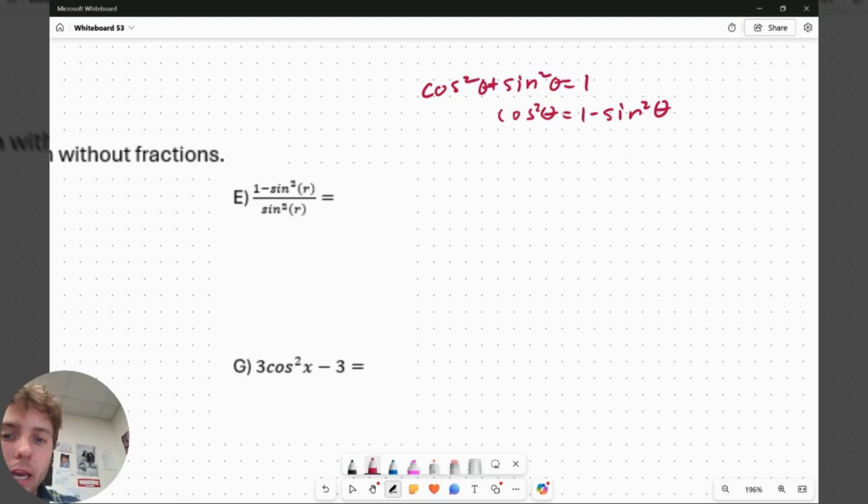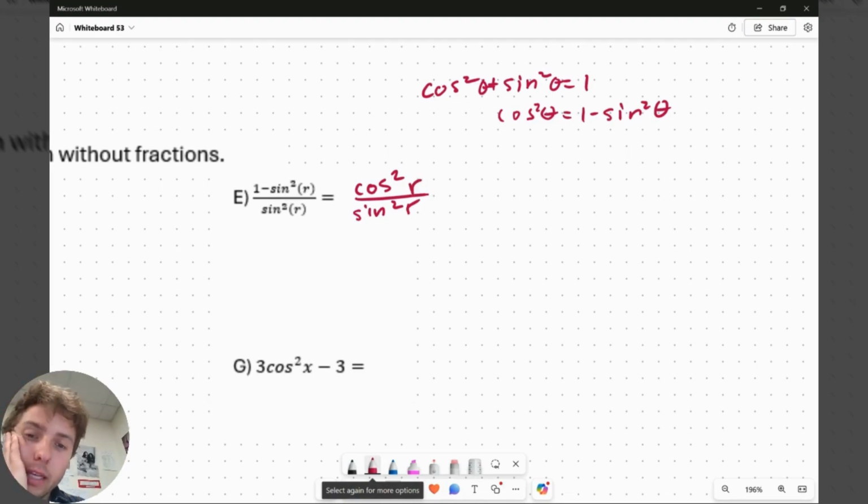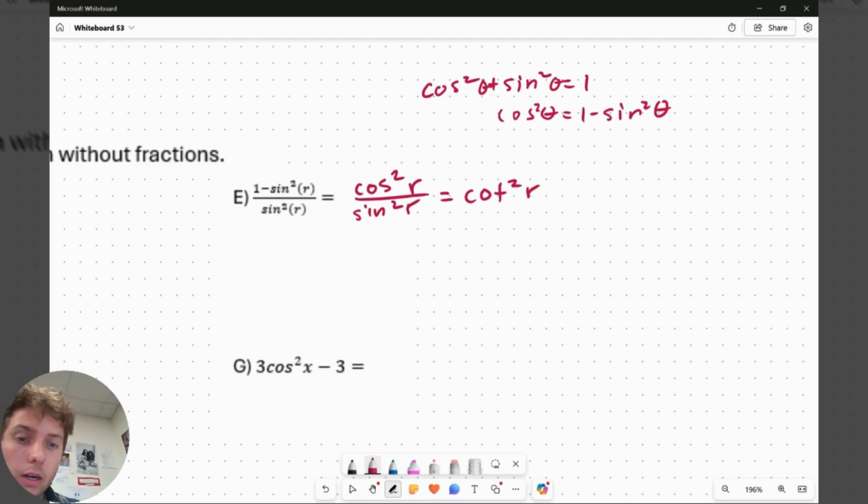I'm just manipulating that equation. So the top then could just be cosine squared theta over sine squared r. I guess these are r's and not thetas. Okay, well, that's cosine over sine. Cosine over sine, I know, is cotangent. They're both squared, so don't forget the squared. Okay, now I have this as a single trig function with no fractions. We're done.